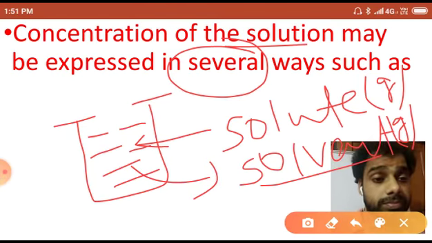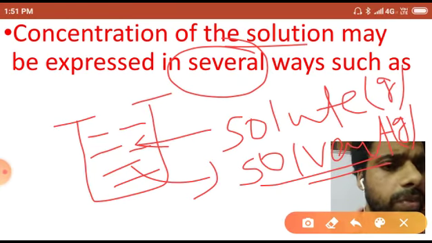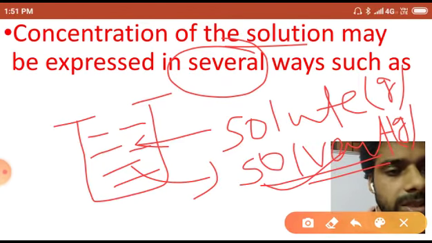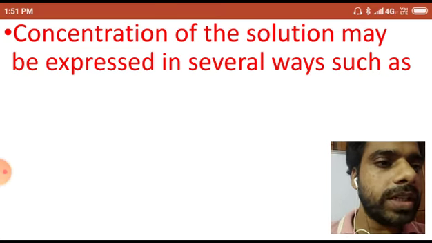You will think, how can we take water in grams? We will weigh it on the weighing balance, and it will give the measurement in grams.